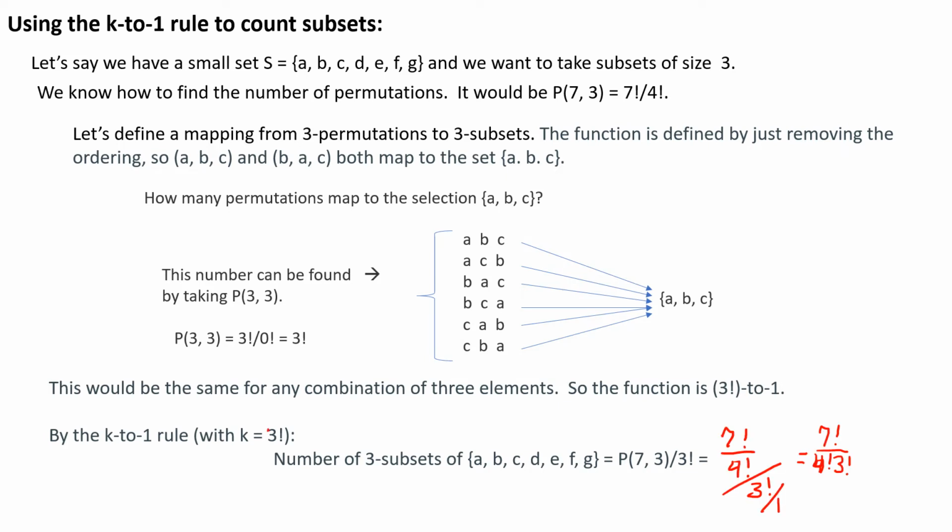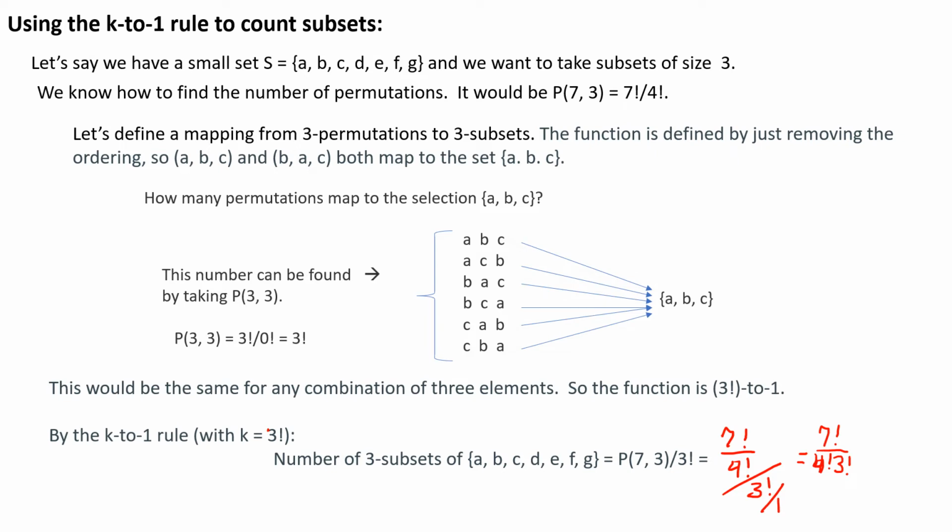What would that be? Well, permutations of 7 things taken 3 at a time would be 7 factorial over 4 factorial. But now I divide by a 3 factorial. You might think this is a strange way of looking at it, but this is the way we would need to do it algebraically in order to come to the conclusion of what you see here at the very right. If I take this permutation and divide it by 3 factorial, that's the same thing as dividing it by 3 factorial over 1.